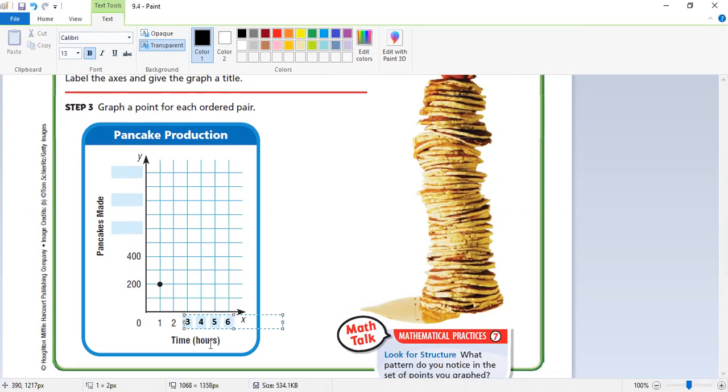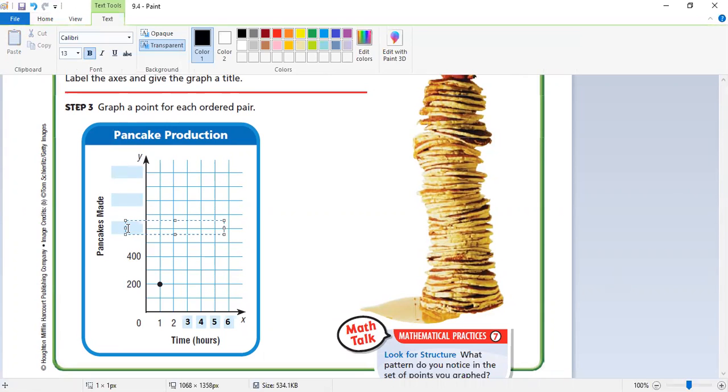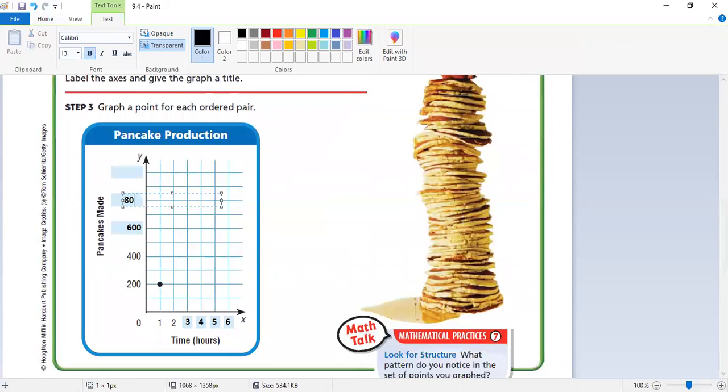So we have all the values of the x-axis. Now we have to complete the y-axis. So it was 200, 400. What's after that? It's going to be 600, and then how much? From the table, 800. It's like skip counting. You need a pattern to write. The next one is going to be 1000.